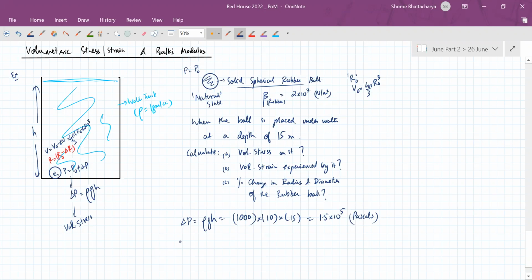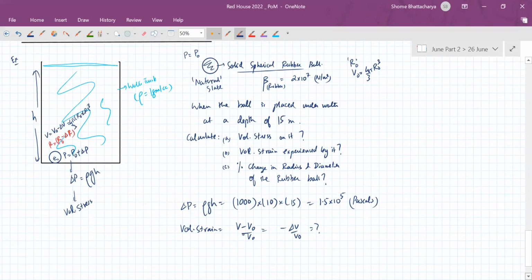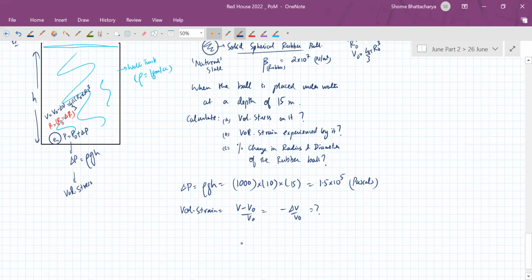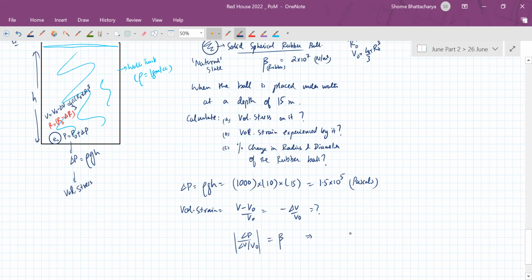So the volumetric strain, this we have to calculate. Now, ratio of volume stress to volume strain is equal to bulk modulus.